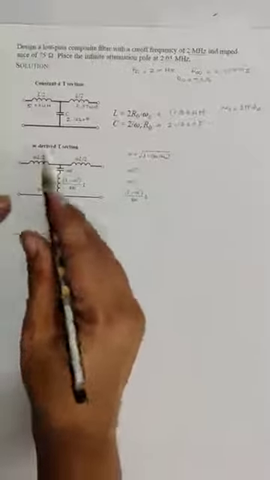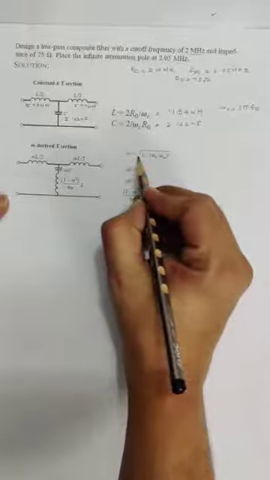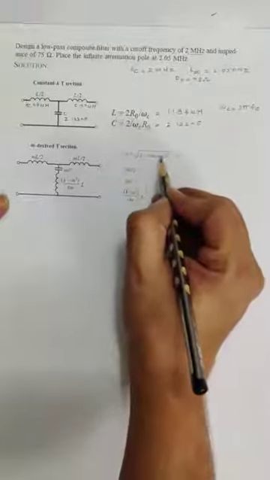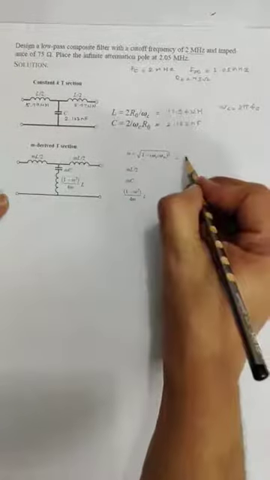After the constant k T section, we will proceed to the m derived section. For the m derived section, these are the components and one has to calculate m. I have mentioned the formula: 1 minus omega C by omega infinity whole square.